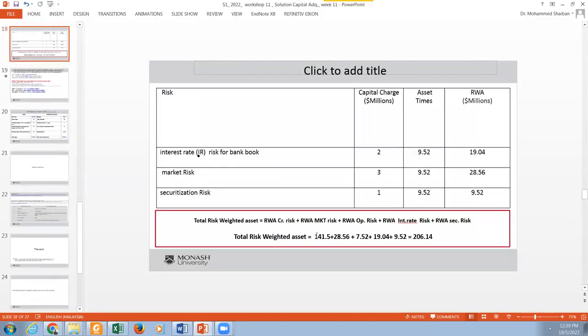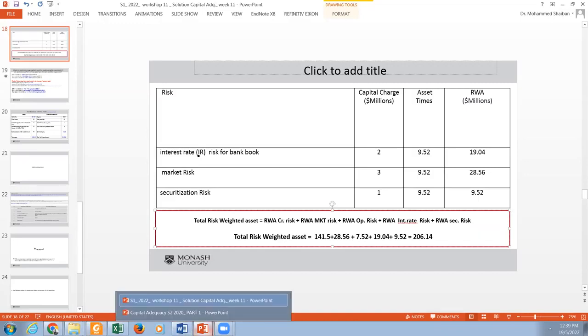I find this is the credit risk, this is the market risk, operational risk, IR, interest rate, and this is securitization. And I found that this is the total risk-weighted assets, or risk-adjusted risk-weighted assets, whatever. Okay. Now I start to do the verification. You remember we talked about steps, right? Actually, if you look at it, I am done with this step.